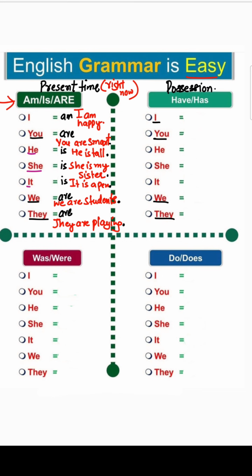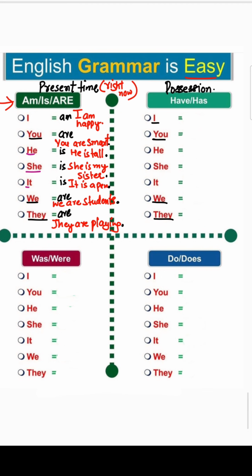These subjects take have. And he, she, it takes has. Right? Look at the example.